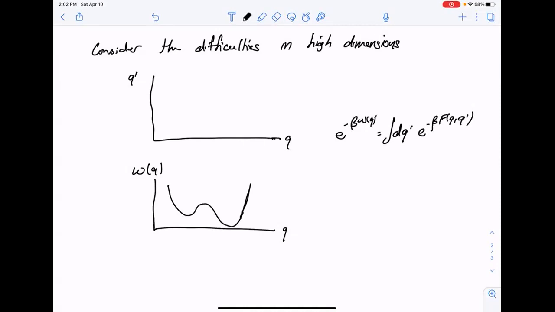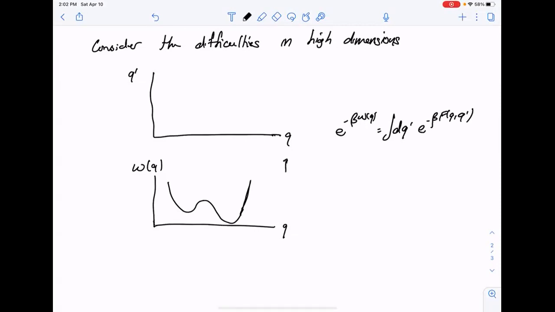This is a non-unique mapping going backwards. There's many different functional forms of this joint free energy that could give rise to the specific omega of Q that we see below. A particularly pathological example one could imagine would be something like this.